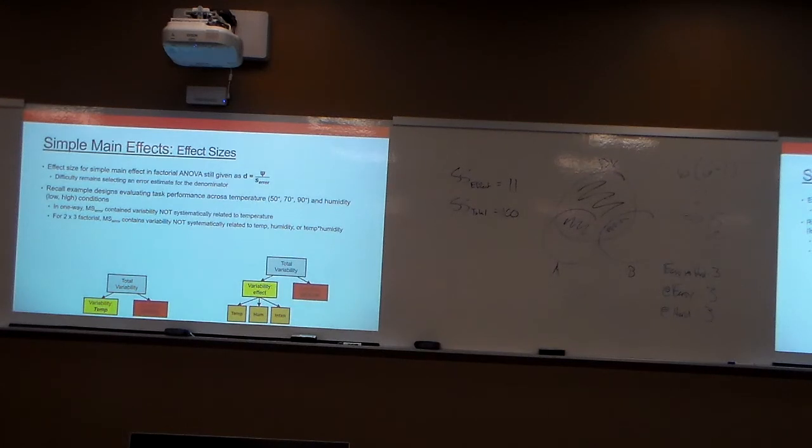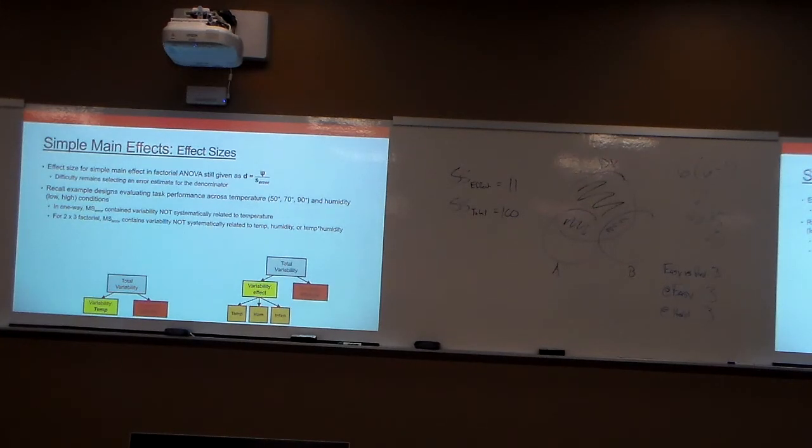And so what happened to my error term in my factorial design? It's all the factors that you didn't consider. Absolutely. And how does it compare to my error variability in my one-way? It's everything that's not temperature.